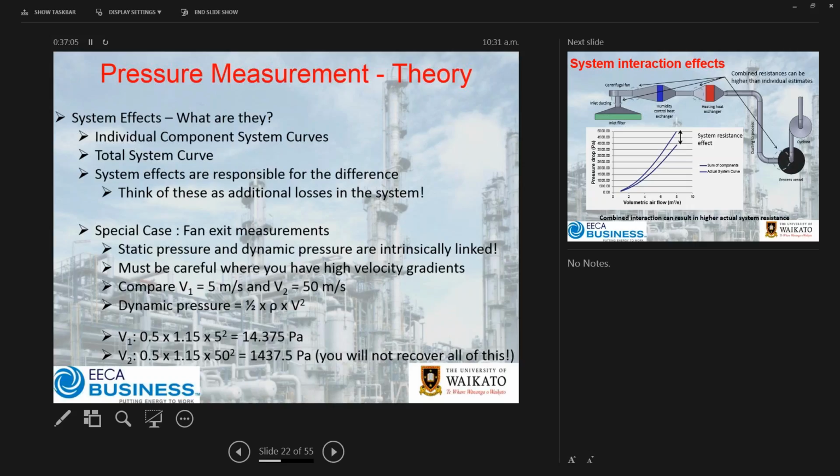So a special case of this, for example, is where you have a fan exit measurement. And so if you're looking at a fan exit where you might have a velocity gradient of 5 to 50 meters a second, and we've seen this on a number of applications in practice out in industry.